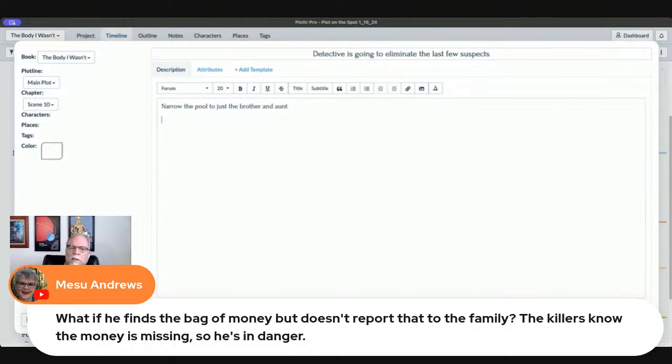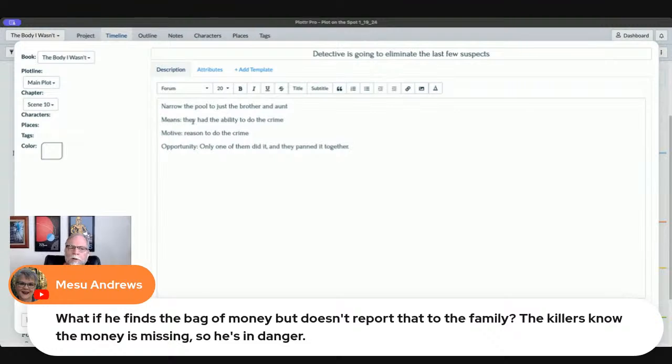Now, the way he's going to do this, and the way you're going to determine what clues to leave, is by means, they had the ability to do the crime; motive, they had the reason to do the crime, which we already talked about; and opportunity.